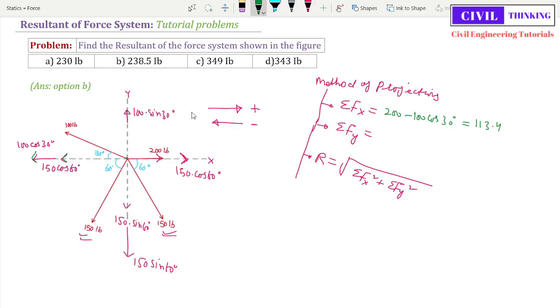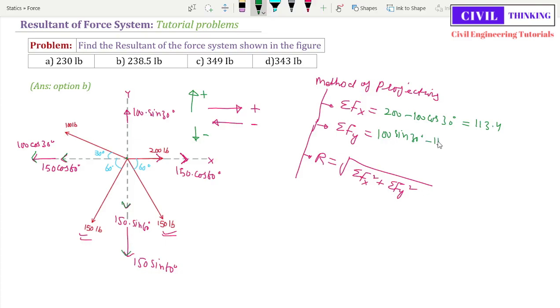Now let's find the summation of forces in the y direction. Let us assume the upward forces are positive and the downward forces are negative. Now 100 sin 30 degrees is upward, so it is positive. So I will write 100 sin 30 degrees. Now this 150 sin 60 and 150 sin 60 are both downwards, so they are both negative.